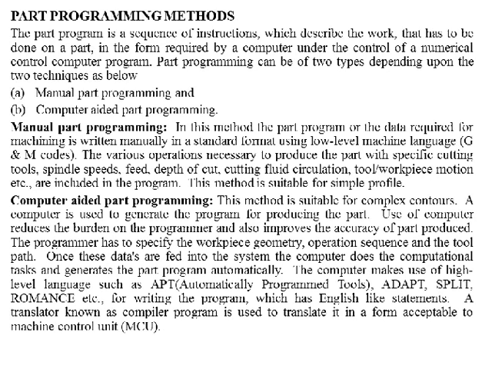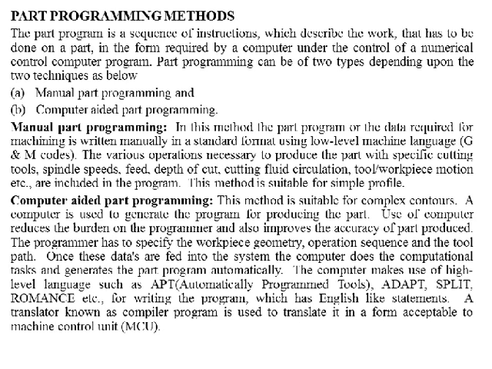The part program is written manually in a standard format. There is a format for writing the program, and these programs are written using low-level machine language, such as G codes and M codes.